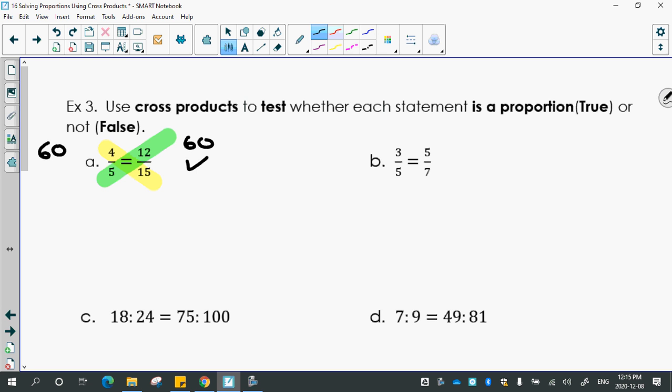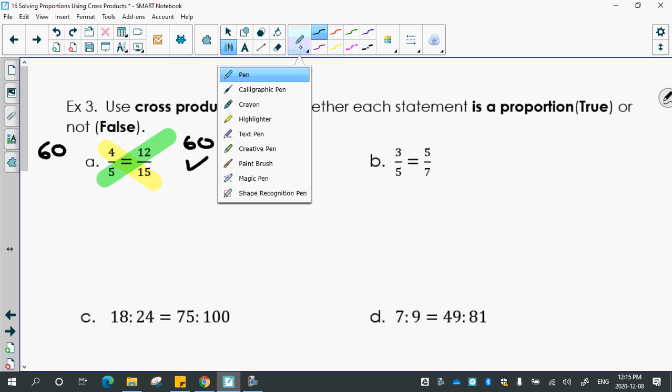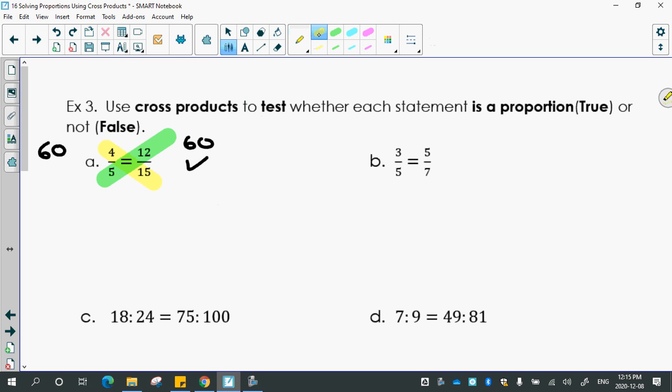It's true, right? Equal. Same thing here. So 3 times 7, 21. 5 times 5, 25. So not true. Or false, I guess. But all you need to do is put the line through the equal sign, and that's fine. That's telling me that they're not equal. Okay, they're not equivalent ratios.